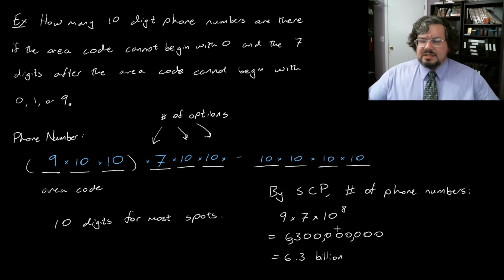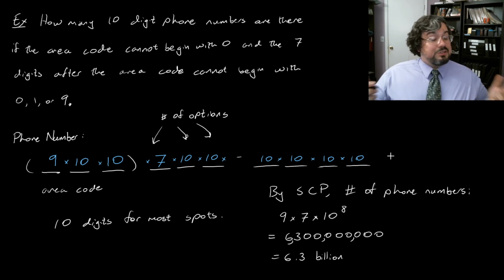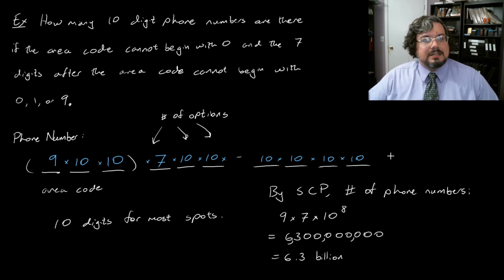Importantly and interestingly, this means that this setup of area code with 7 digits afterwards with these restrictions do not allow for enough phone numbers to give everyone on Earth a phone number. There are over 7 billion people on Earth, and so these rules wouldn't give enough phone numbers.